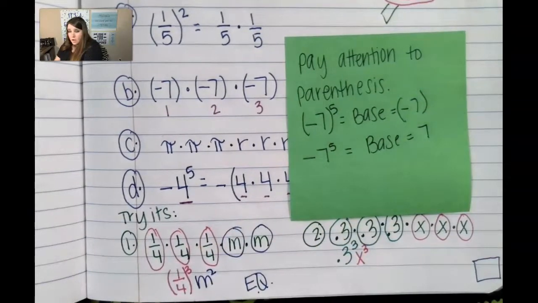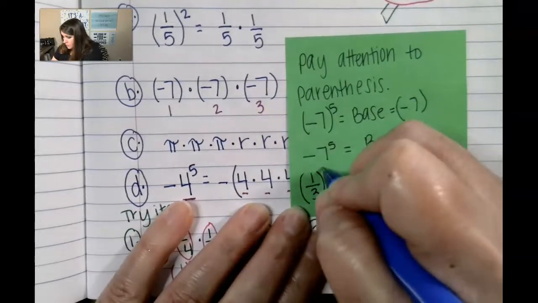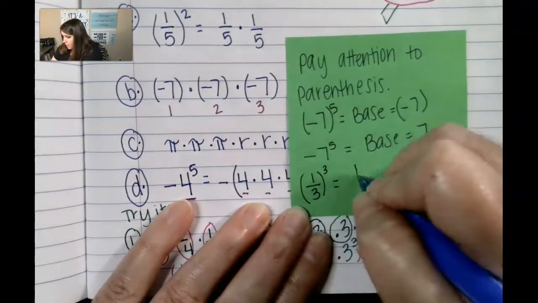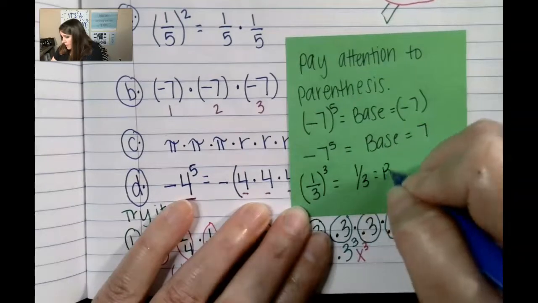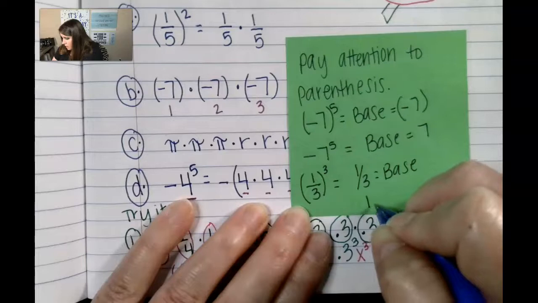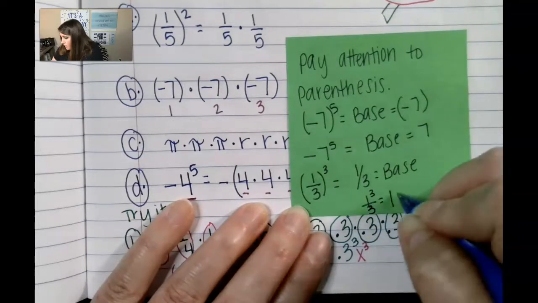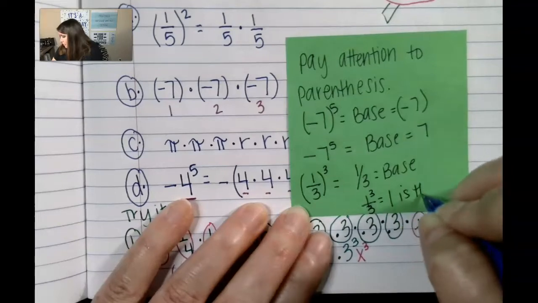Okay. On this problem, if it's (1/3) to the 3rd, the 1/3 is the base. But if we had 1/3 to the 3rd without parentheses, this is saying the 1 is the base.